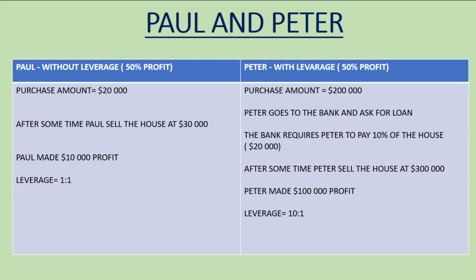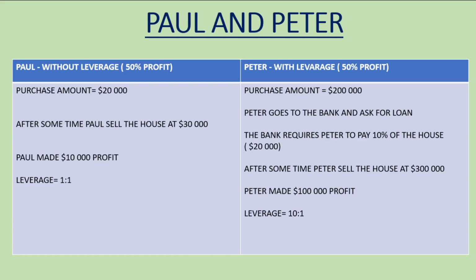Peter sees a property that costs $200,000. Then Peter goes to the bank and asks for a loan. The bank requires Peter to pay 10% of the house, which is $20,000. After some time, the property appreciates to $300,000.